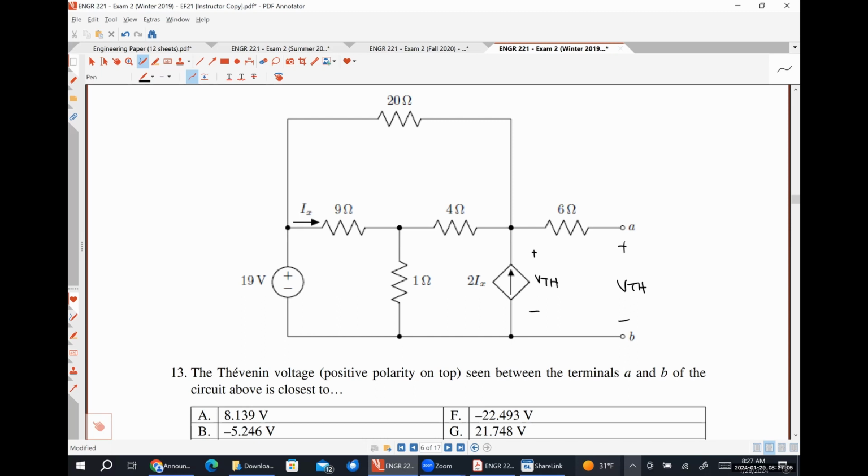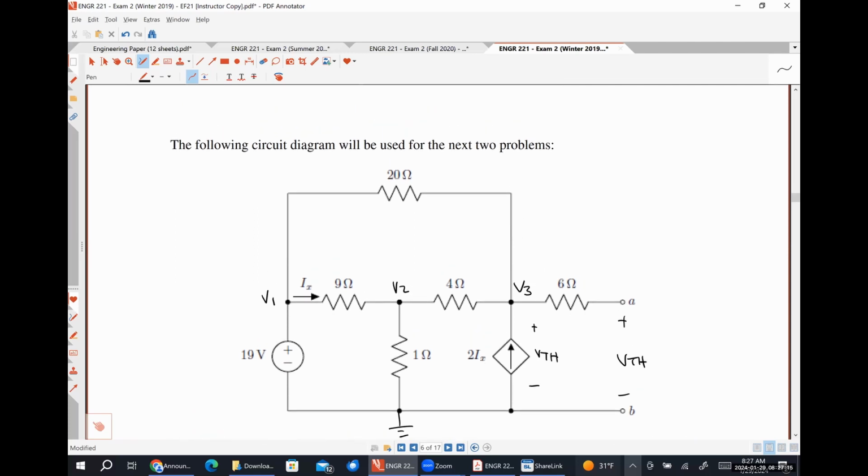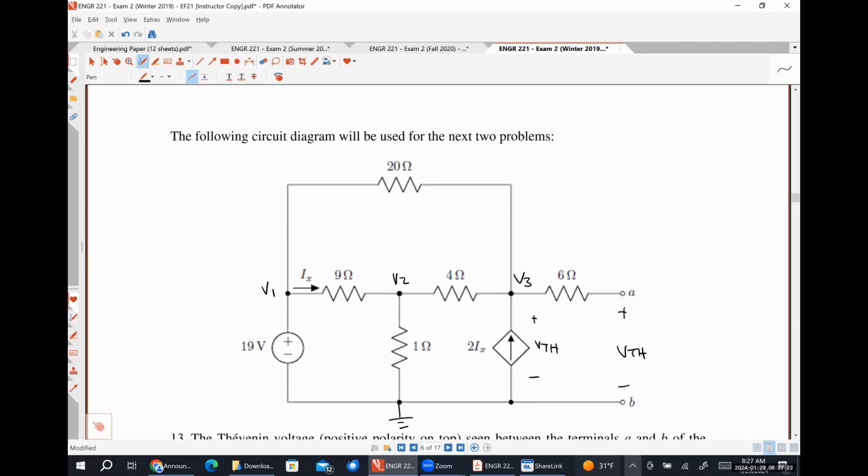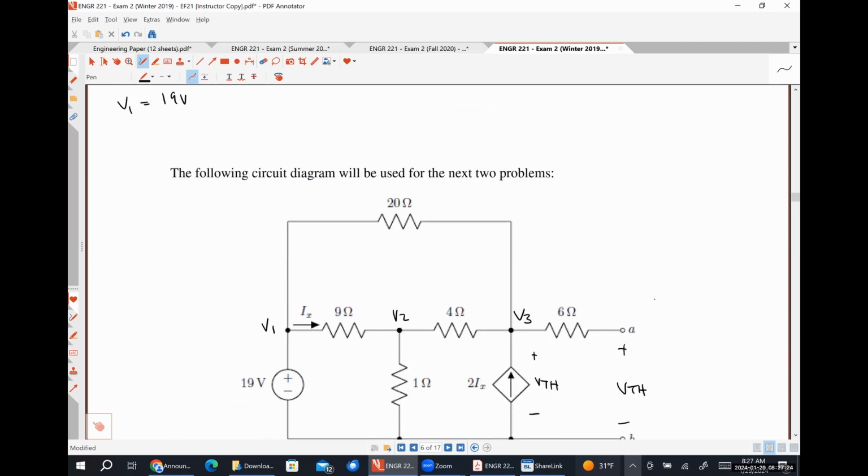Using nodal analysis, let's call these V1, V2, and V3. We have a voltage relationship that V1 is equal to 19 volts. I did label the bottom as ground. We have a controlling variable relationship that Ix is equal to V1 minus V2 over 9.